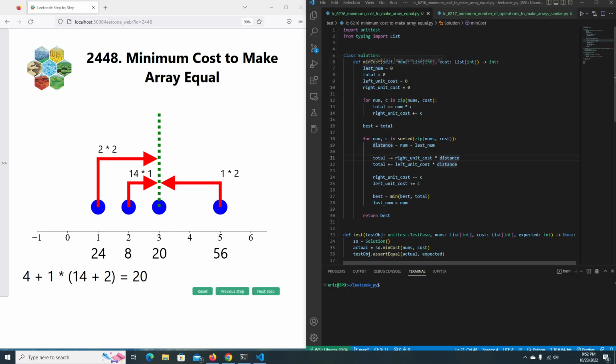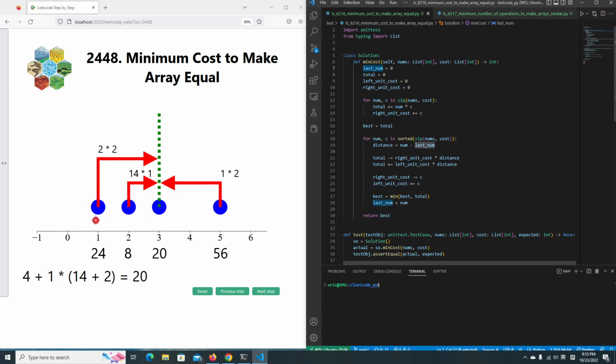So our first variable is last number. Last number means our previous number. If we look at here, the current number is 3, but our previous number is 2. Right, we will calculate the distance using our current number and our previous number. So our initial number will be 0. This is the first last number here.